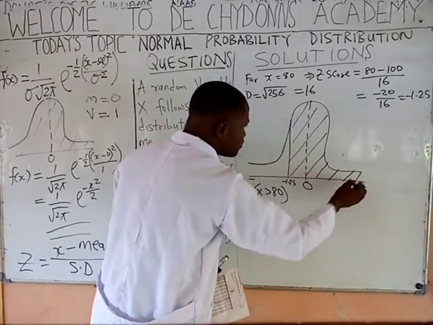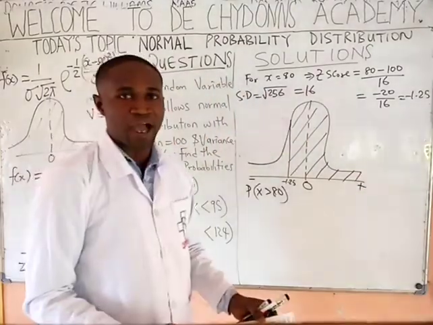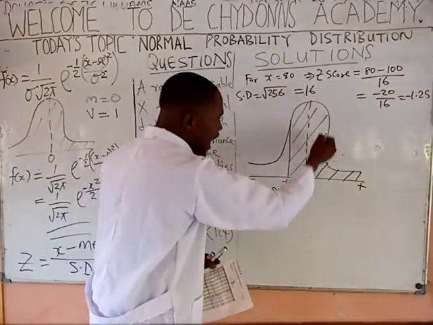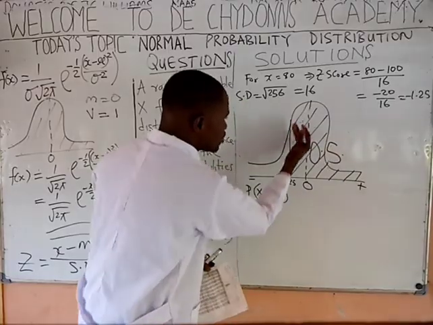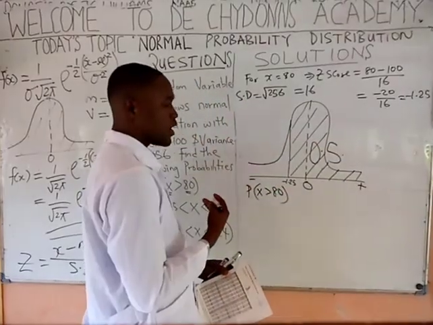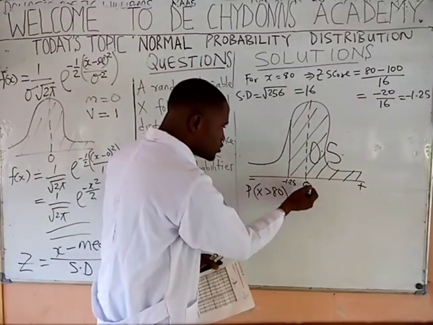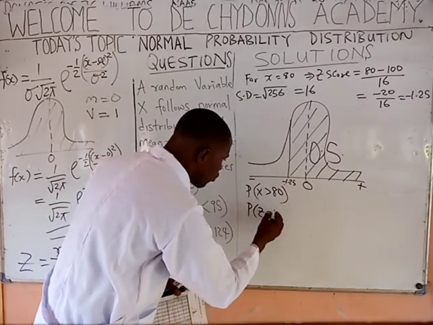After shading here, it means that everything you are seeing here is greater than 1.25. Now, what is the probability? The total half you are seeing here is known as 0.5. The total half here is also 0.5. Now, get the probability from 0 to this: probability of z equals 1.25.